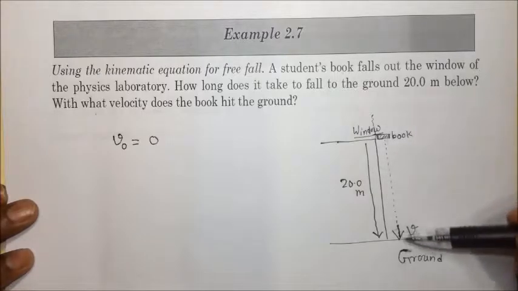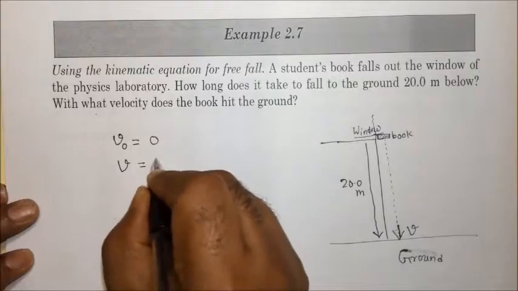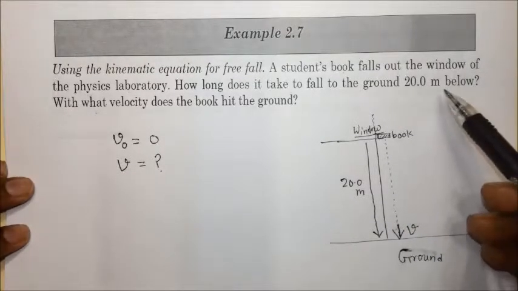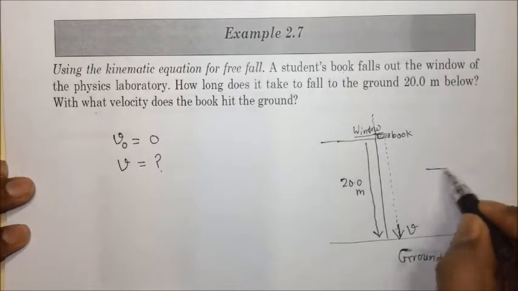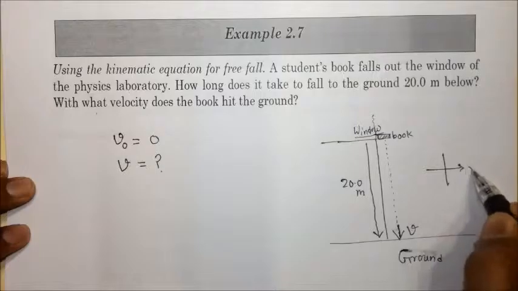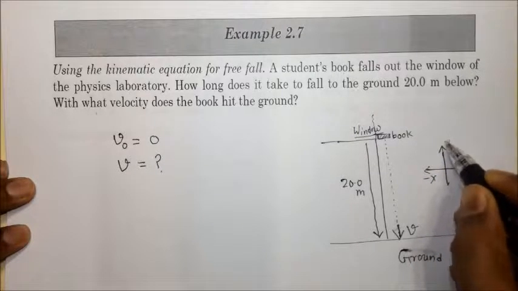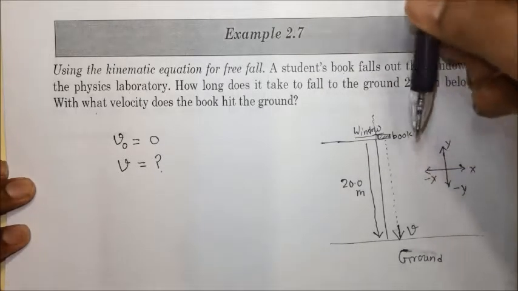And when it hits the ground, V final is what we are looking for. And how far below does it go? 20 meters. So you remember, this is your x, this is your minus x, this is your y, this is your minus y. Which direction is it moving?